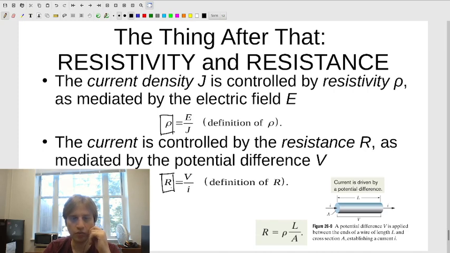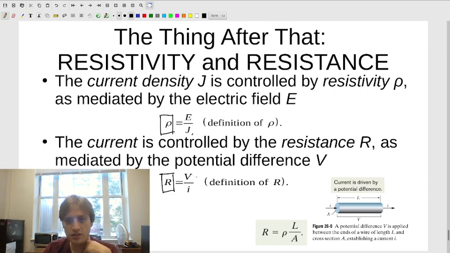One of them is called the resistance, and one of them is called the resistivity. And the resistivity is the ratio of the electric field to the current. So if I get a bigger current from the same electric field inside of my material, I would have a smaller resistivity. It doesn't resist allowing that current to flow through it as much.